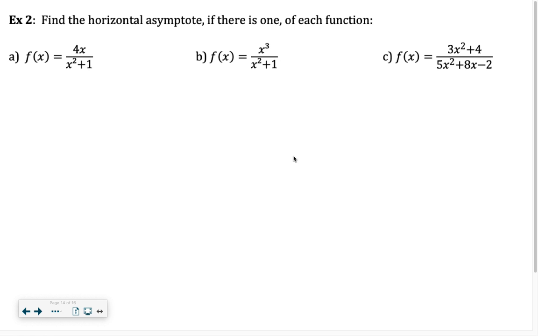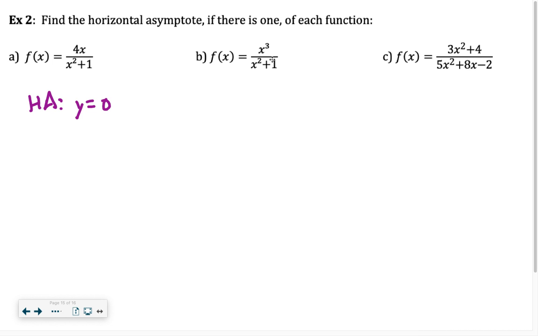All right. So let's look at a couple of examples and find horizontal asymptotes. In this first example, 4x over x squared plus 1, the degree of the numerator is less than the degree of the denominator. So my horizontal asymptote, which we abbreviate HA, would just be y equals 0.